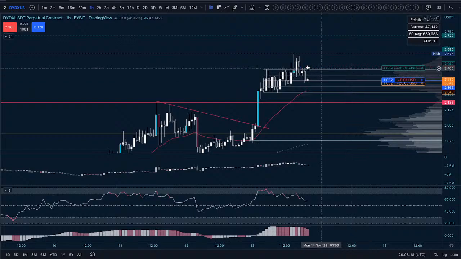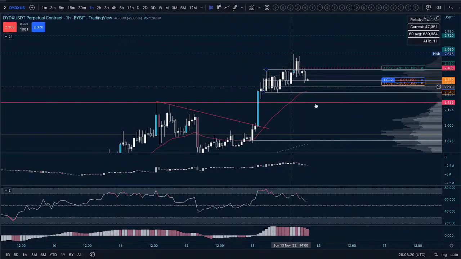Best shot would be around there. Now this is a place that I really don't want to touch actually, because it's in the midpoint. It's no man's land basically. So either that is the short, or that would be the long.